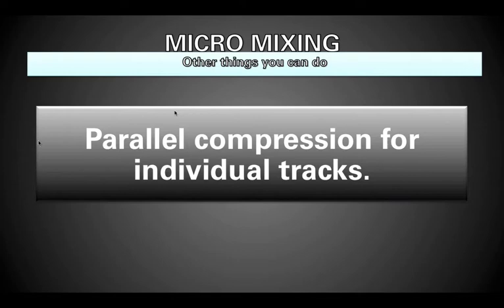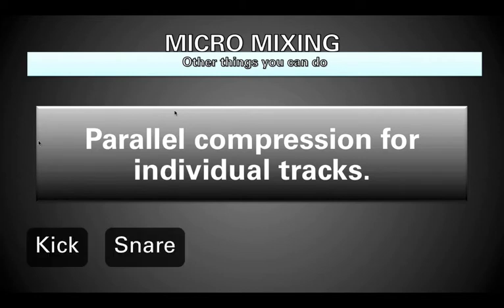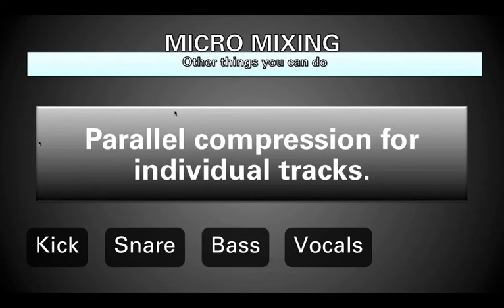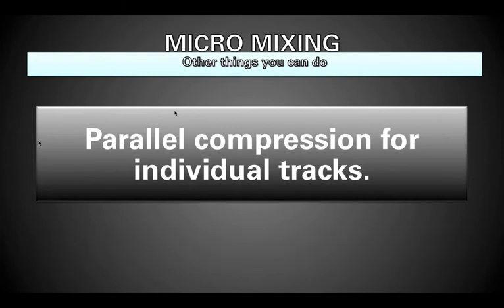Now we have discussed parallel compression in regards to our drum submixer. But what about parallel compression for individual tracks? It's actually very, very powerful, especially on your kick, your snare, even on vocals. Probably not so much in pop R&B, where it's a little bit more dangerous to use too much compression on a vocal.